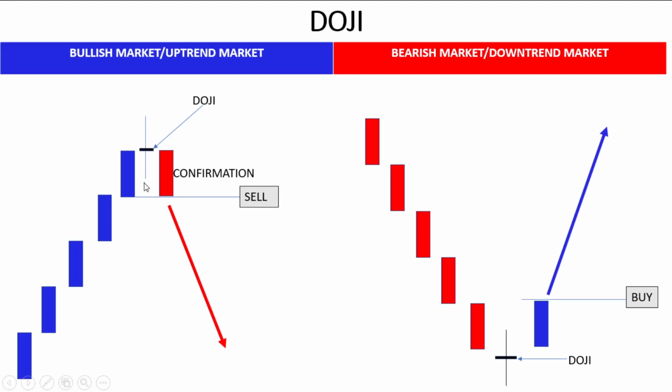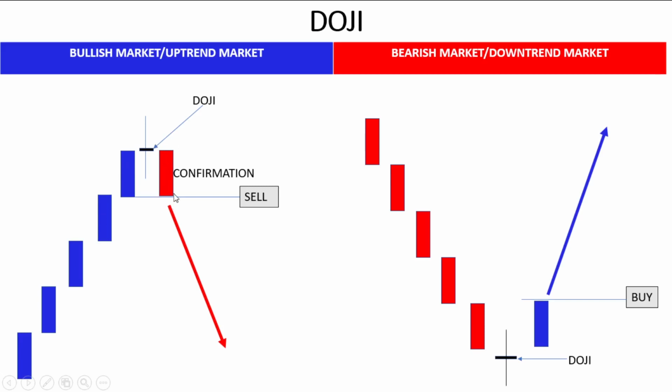What are the characteristics of a doji? A doji candle has wicks of almost the same size and a small body or no body. That's a doji candle. We don't just sell every time we see a doji candle appearing. We wait for a confirmation candle, I mean a bearish candle, to appear if we have an upward market.